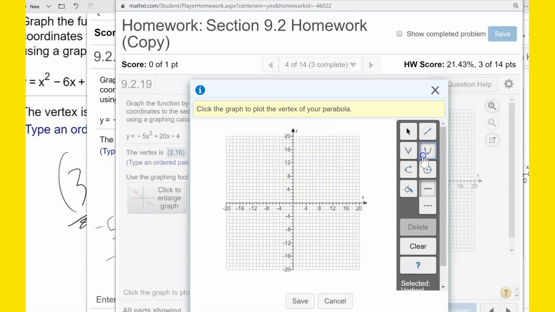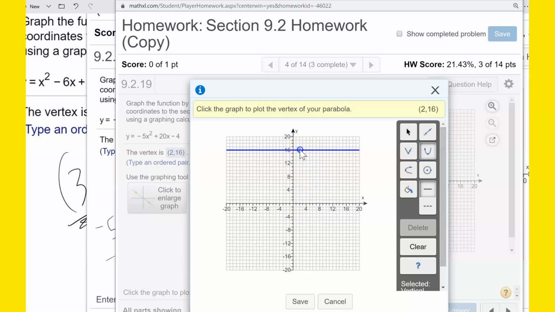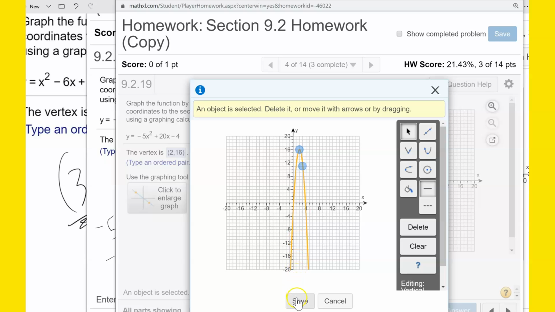I'll do my vertical parabola tool. Go to 2, 16. Here's 2, 16. I go over 1 and down 5. Over 1, down 5. 1, 2, 3, 4, 5. And it'll graph the rest of the parabola for me.